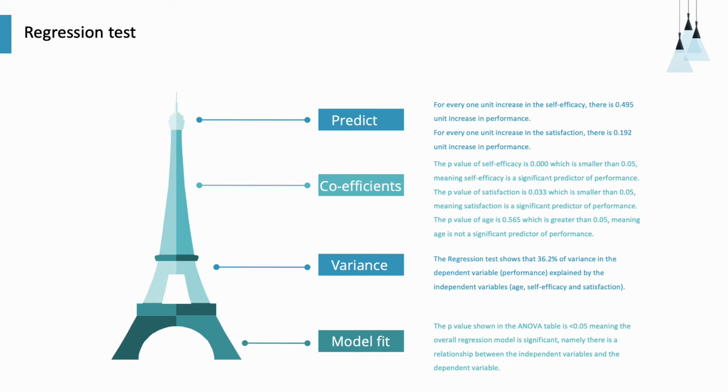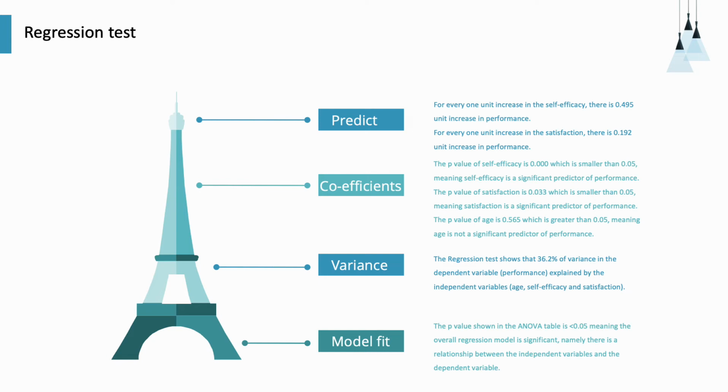The p-value shown in the analysis of variance table is smaller than 0.05, which means the overall regression model is significant. Namely, there is a relationship between the independent variables and the dependent variable.